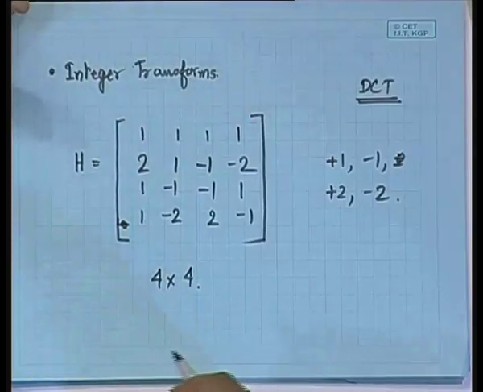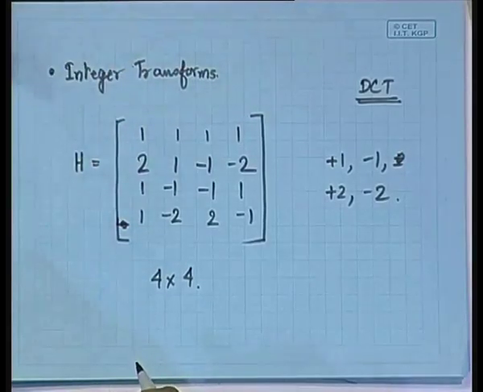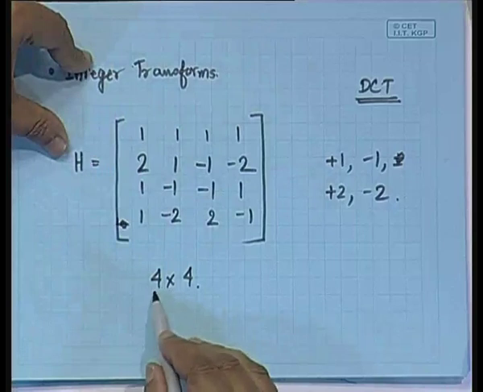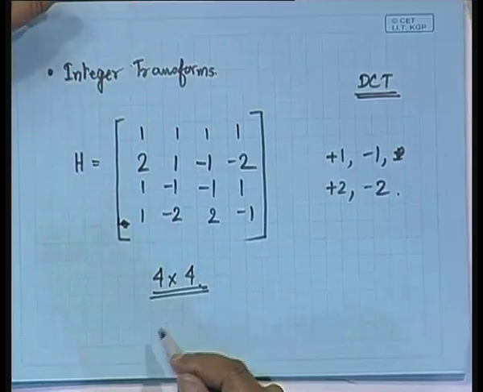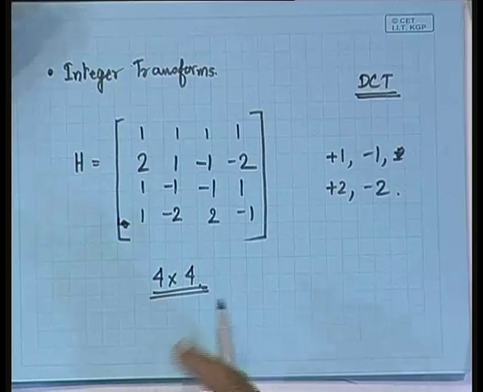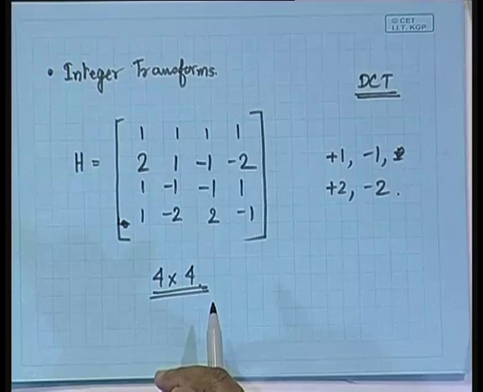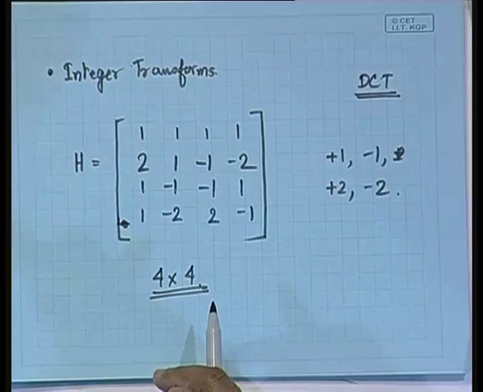So, hardware-wise it is very easy to do, and multiplication by -2 means you are doing a shift but with a negation: take the 2's complement and do a shift. That is why the integer transform can be very easily implemented in hardware, and they are using 4 by 4 block sizes. So, the hardware unit is very much simplified. The real-valued transformation computation is not involved at all, which is the case in the earlier standards.